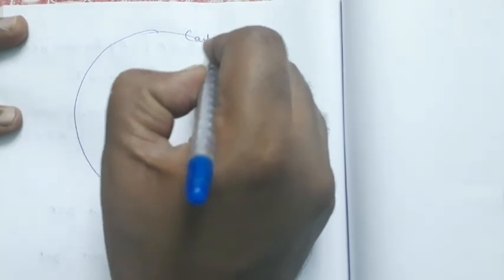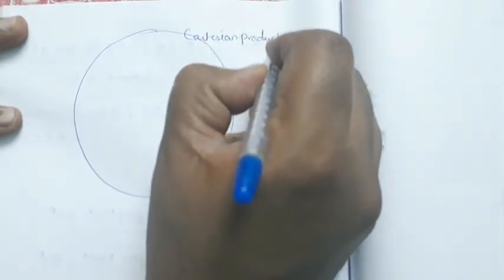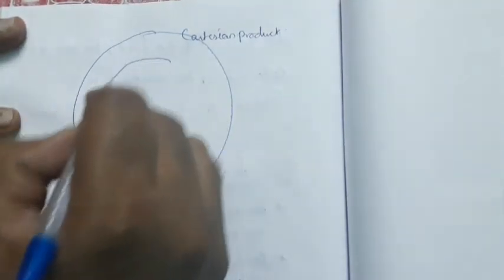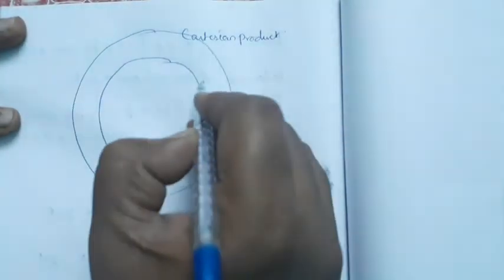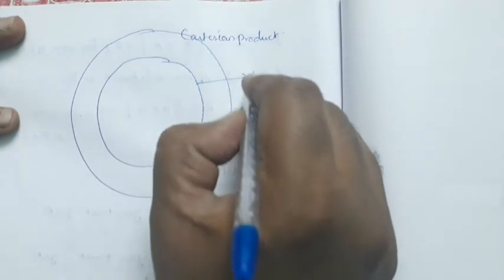I would like to say a few extra points from this Cartesian product, relations and functions. Now let me take this bigger circle as the Cartesian product. Now this is nothing but a relation.